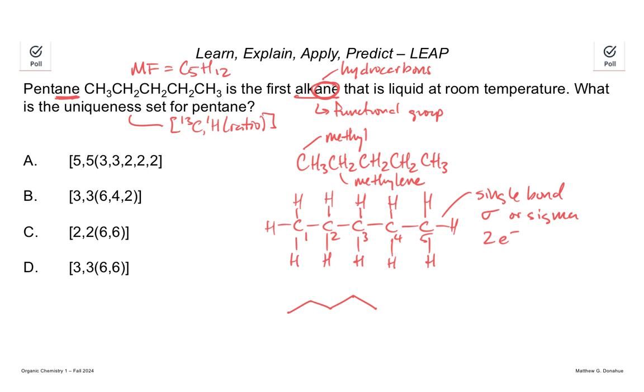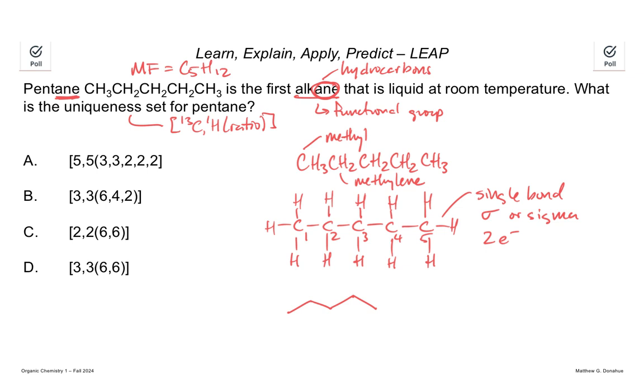There's 5 total carbons, but within the structure we see, every carbon atom, they're not the same, right? So when I talk about sameness or uniqueness, we want to understand, when we look at the backbone, are some of those carbon atoms the same? Are other ones different? And then can we reduce that down to a different number? We'll do the same for the hydrogen sets because the carbons have different numbers of attached hydrogens.